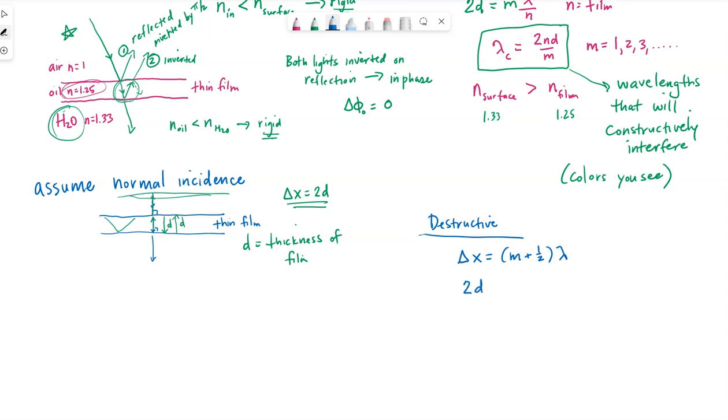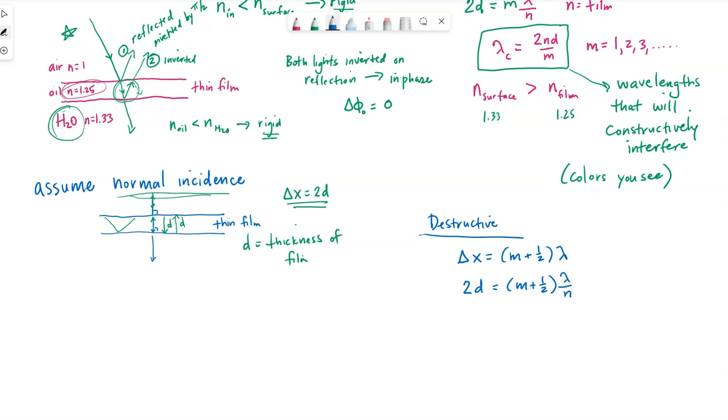The extra distance, the wave that's traveling through the thin film is still traveling a distance of 2d. So down and back up. We still need this wavelength to be the wavelength in the film itself.